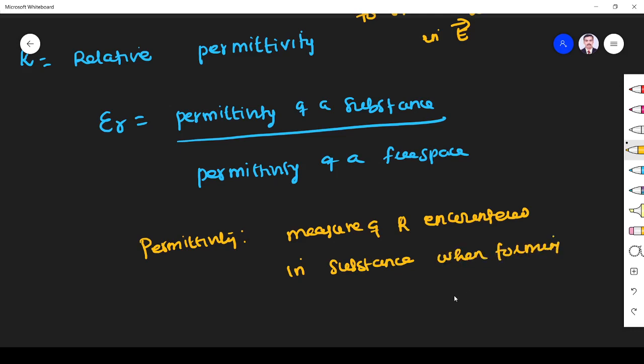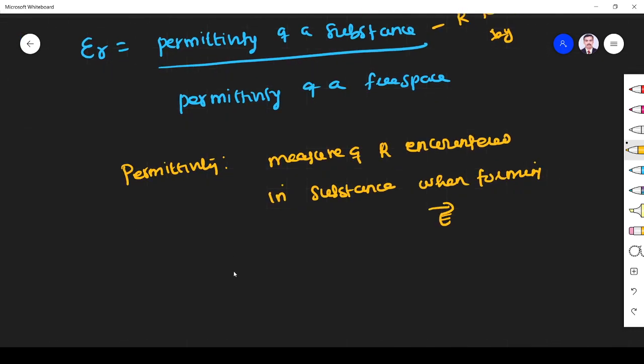It is the resistance given by a medium to form an electric field. That is what we call the permittivity of a substance, epsilon. So epsilon r, the relative permittivity, is the permittivity of the medium with respect to the permittivity of free space, known as epsilon naught. So it is a ratio of two numbers.